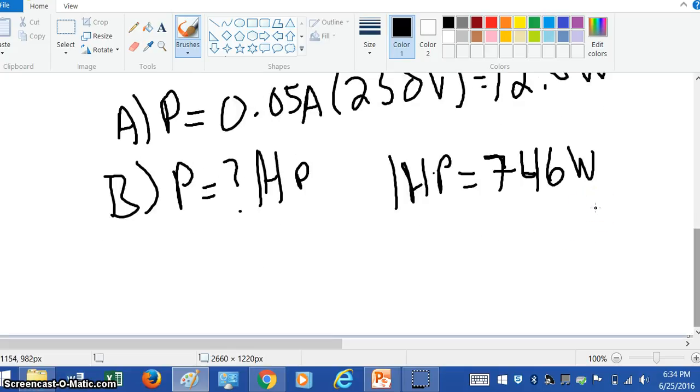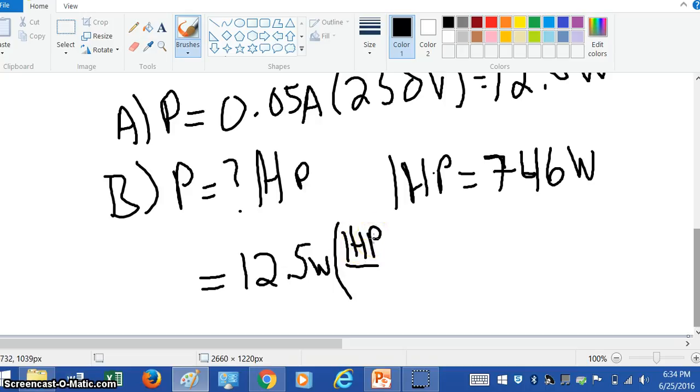We take our 12.5 watts, and we say, well, in 1 HP there is 746 watts.